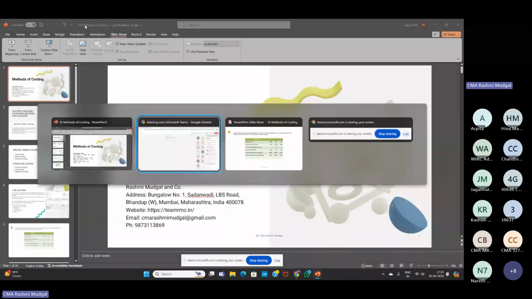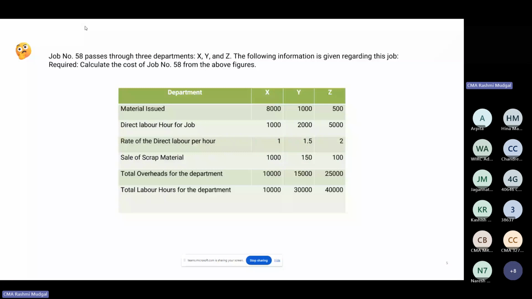Okay, so there is a small problem I have taken into consideration for the example and practical approach, where job number 58 passes through the three departments.